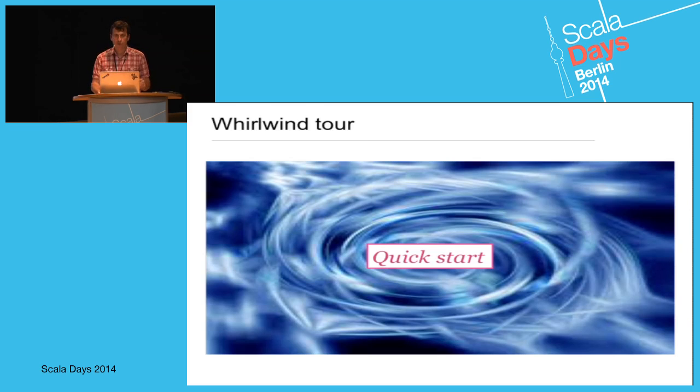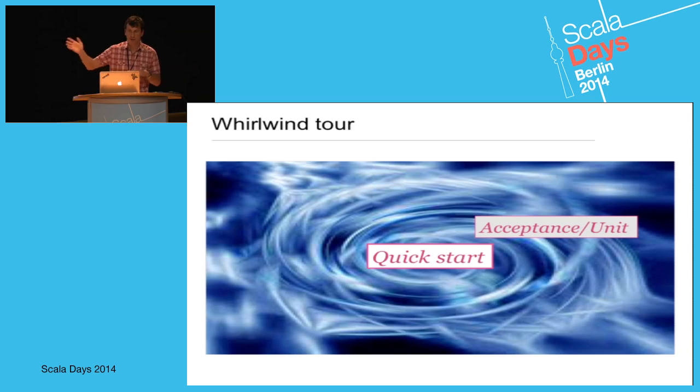Then a major thing to know about specs2 is that there are two styles. In ScalaTest, there are five or six, something like that. But there are two styles because they correspond to two very different ways of writing specifications. The first style I showed you has all the text in one place and then all the code in another place.